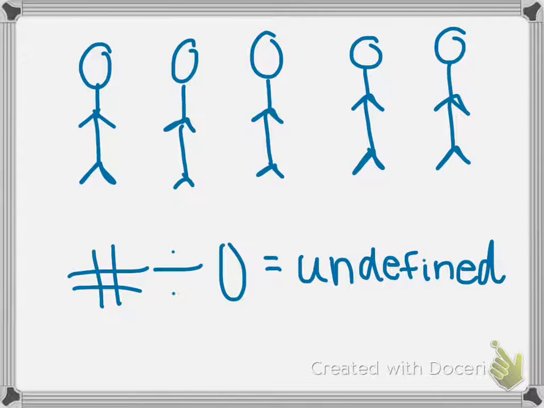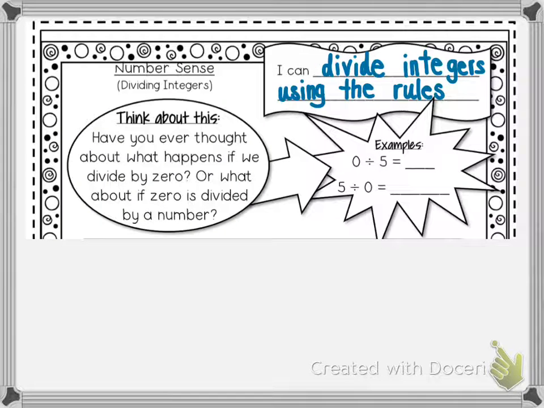Which means that the answer doesn't really exist. It's not mathematically able to have an answer or an explanation. So 0 divided by 5, we said a 0 divided by a number is going to be 0. And 5 divided by a 0 is going to be undefined.